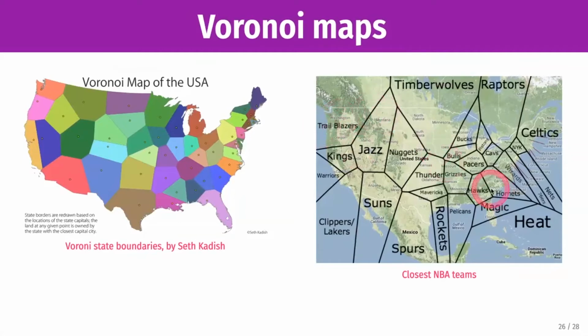If you're down here with the Hawks, for instance, where we are, geographically, it shows that people in South Carolina are closer to the Charlotte Hornets than they are to the Atlanta Hawks. And so that might be geographic reasons why South Carolina roots more for the Hornets than they do for us. But these are also just all Voronoi maps.